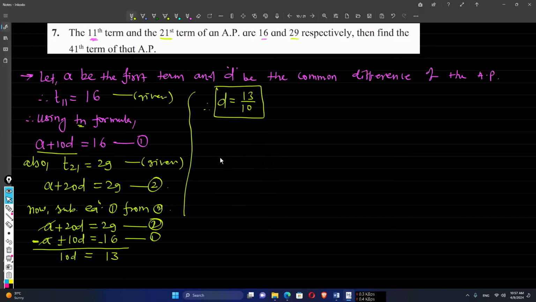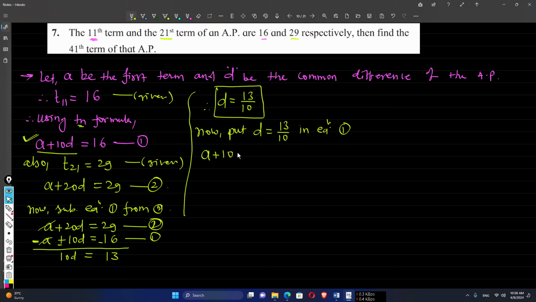Now we can put this D's value in any of the equations and find the value of A, that is the value of the first term. Now put D is equal to 13 upon 10 in equation number 1. So here is our equation number 1.